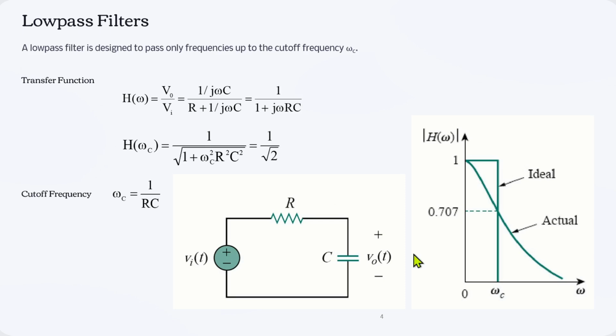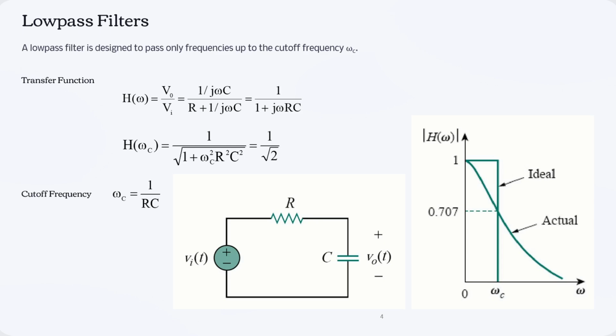If we consider the output across the capacitor, then it will behave as a low pass filter which will attenuate the higher frequency components. The capacitor blocks high frequency signals and allows low frequencies to pass, because high frequencies make the capacitor impedance small, so the signal gets bypassed to ground.